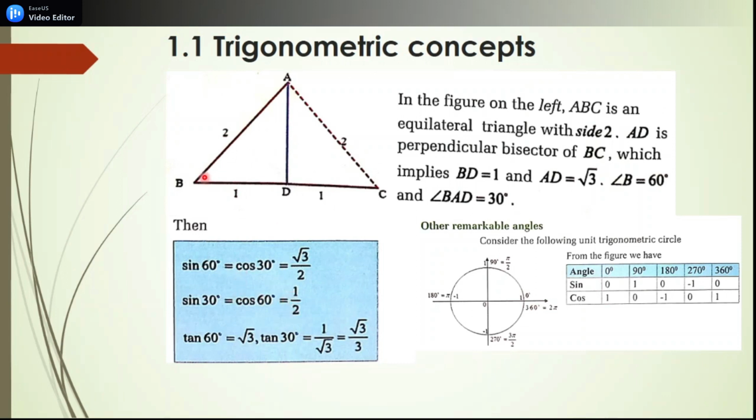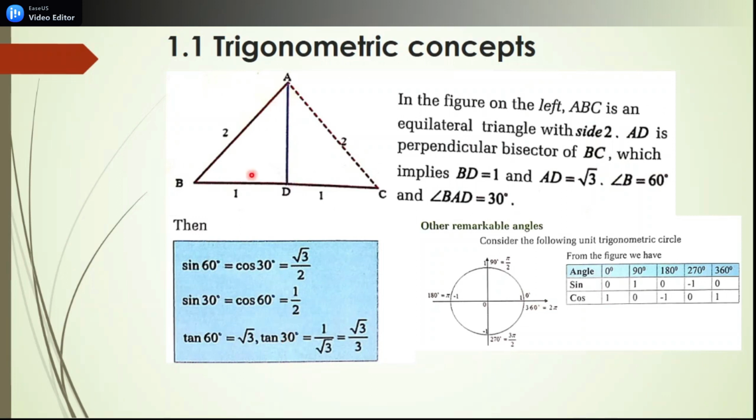Then the tangent of this angle is equal to opposite side square root of 3 over adjacent side, which is equal to 1, meaning it is equal to square root of 3. As for the tangent of 30 degrees, also consider this one.